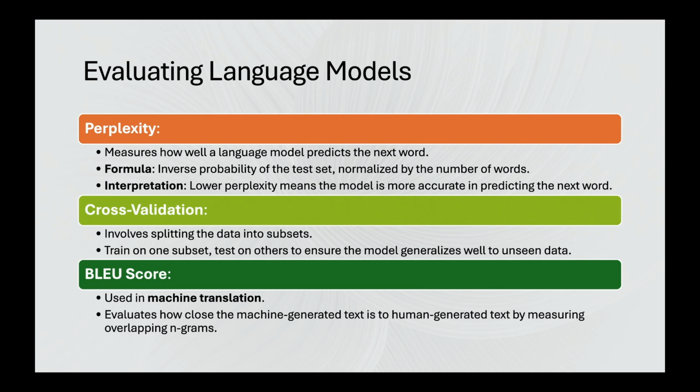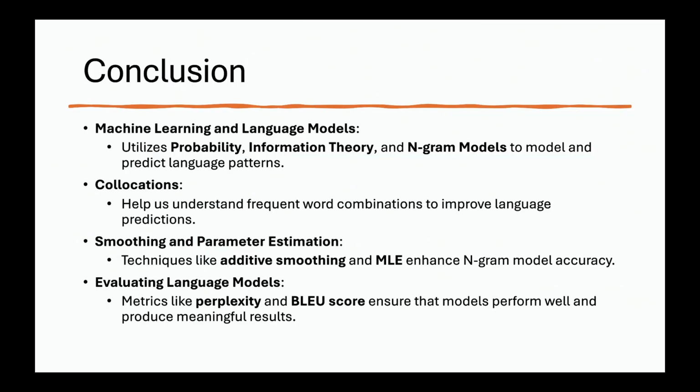BLEU score. In tasks like machine translation, the BLEU score is often used. It evaluates how close the machine-generated text is to human-generated text based on overlapping N-grams. Now we come to the conclusion. So in conclusion, machine learning utilizes probability, information theory, and N-gram models to model and predict language patterns.